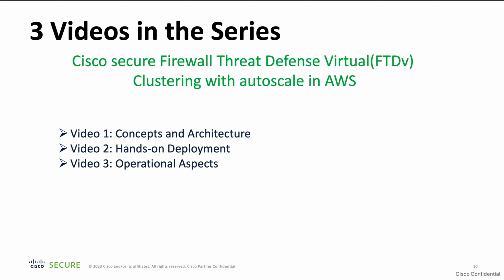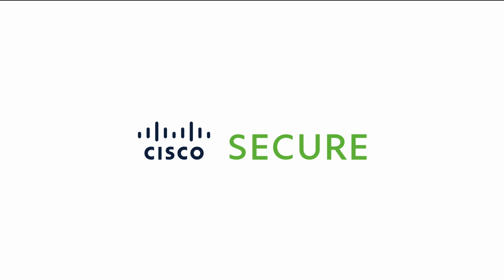And in this final part, we explored the operational aspects, understanding how the cluster behaves in real time, how the failover and scaling events occur, and how to monitor and validate the deployment. I hope this series helped you get a complete understanding, from design to deployment to operations, of how Cisco FTDv integrates with AWS services for scalable and resilient security.